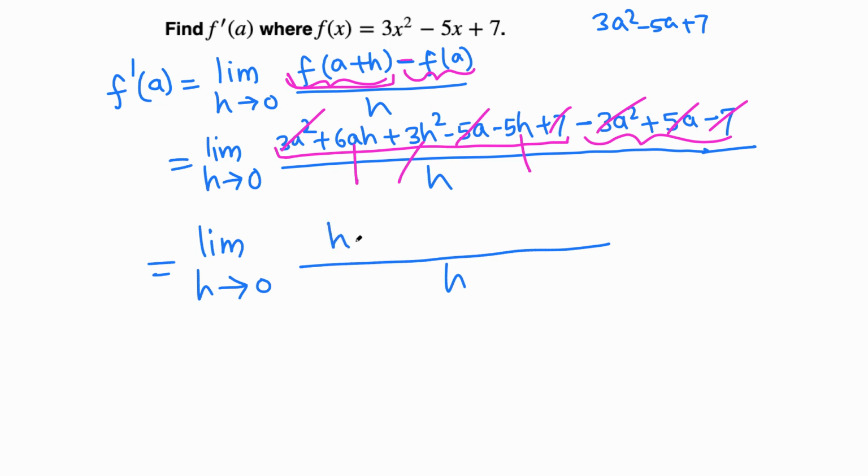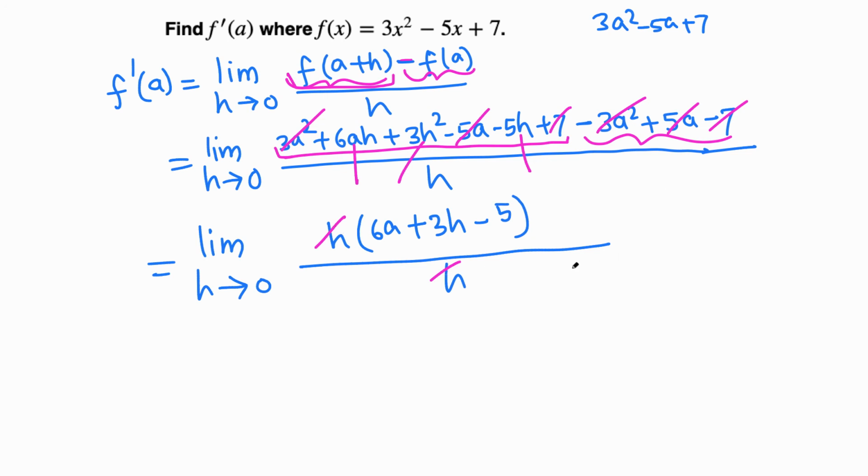So we can factor out h so that we can cancel with the bottom. That leaves 6a, plus 3h squared with h out is 3h, plus minus 5h with h out is just minus 5. Now we can cancel h, because if we plug in 0, we would have 0 over 0, but we just cancel the zero-making factor.